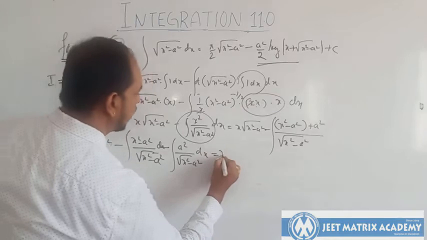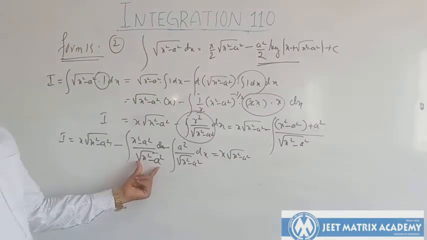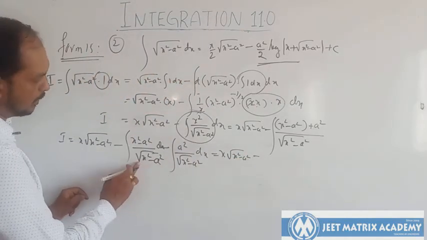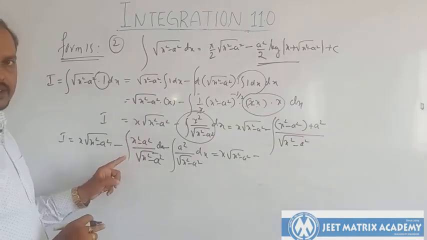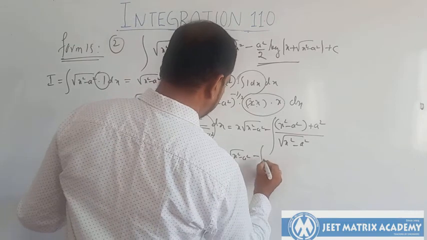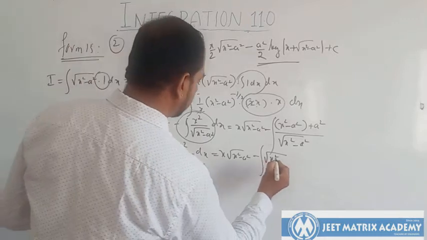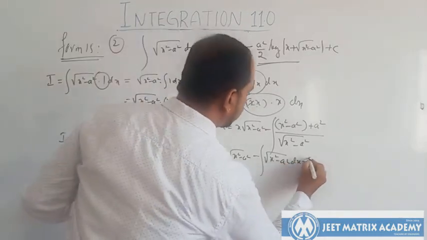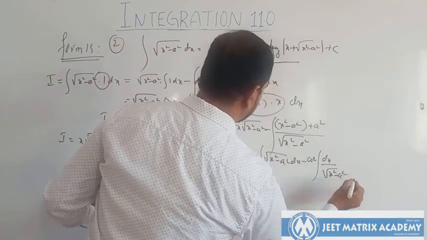Now this will be x root of x square minus a square. This I could write as minus, if I take it in the numerator, x square minus a square to the power minus half. This is 1. So simply you could say it is root of x square minus a square dx minus a square I'll take outside, so dx divided by root of x square minus a square.